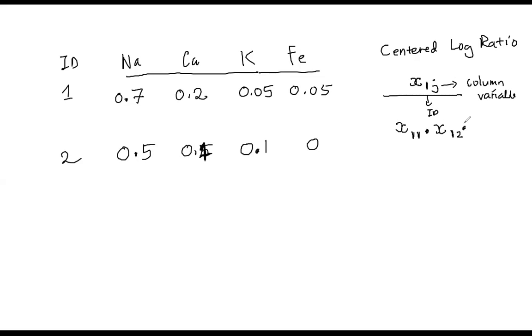X1, X2, X3, and X4. In this case, you have 4 items, 1, 2, 3, 4. So you basically multiply these 4 together, and then you raise it to the power of 1/4. This is what we call a geometric mean.